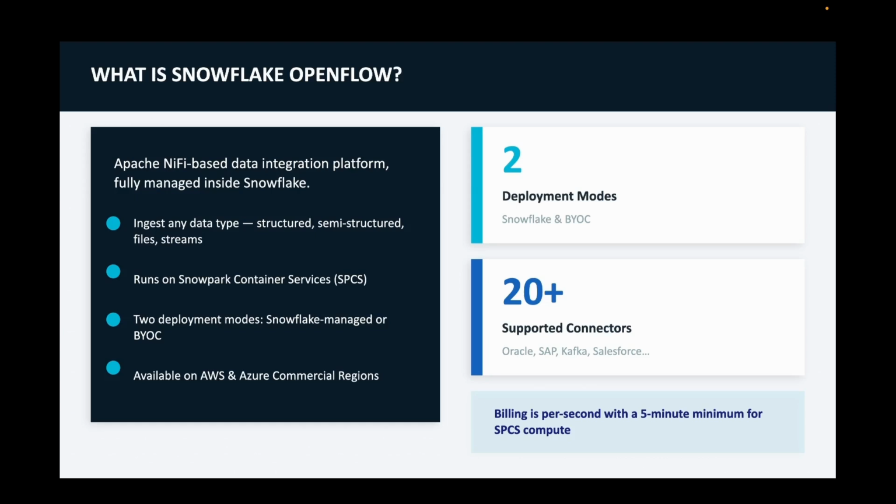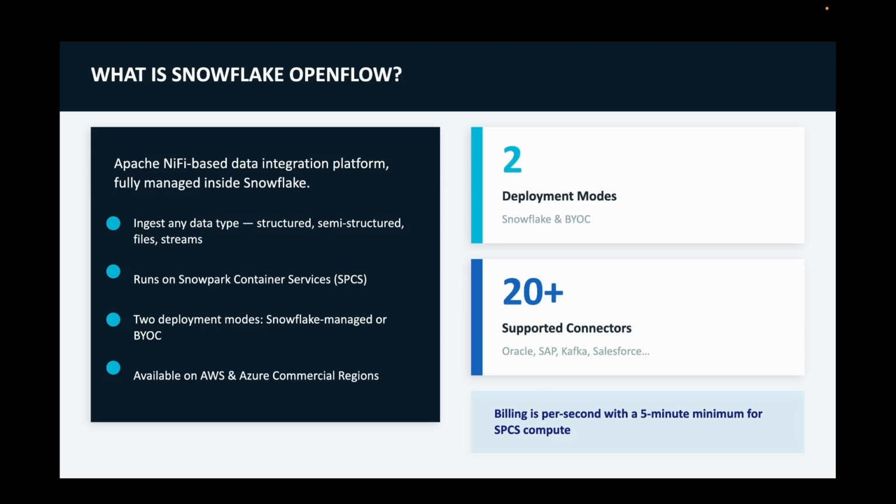You have two different types of deployments that are supported. One is Snowpark Container Services. The other one is bring your own cloud. Snowpark Container Services means your Openflow, both data plane and control plane, runs on Snowflake, where the connection is established outbound from Snowflake, which means when a connection is initiated in Snowflake, it goes into your cloud or on-prem network.